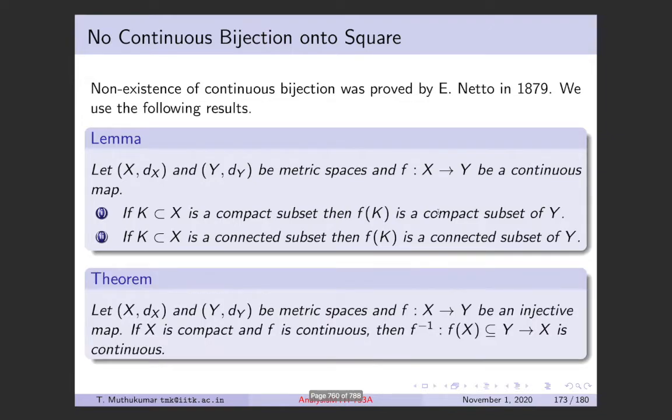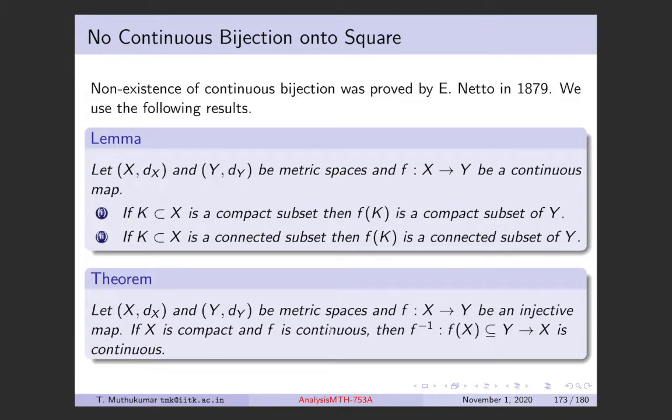Another result that we will use is that if you have an injective map between two metric spaces such that the domain is compact and the function is continuous, then the inverse is also continuous. So this again I leave for you to go and have a look. Go and look for the proof of this theorem.